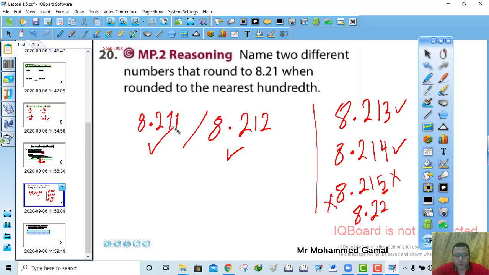But any answer from those answers is okay, we can take it. And there is more as well, but it's enough to answer because he's asking here, name 2 different numbers rounded to be 8 and 21 hundredths. So we have 8 and 211 thousandths and 8 and 212 thousandths. Both of those answers can be rounded to be 8 and 21 hundredths.